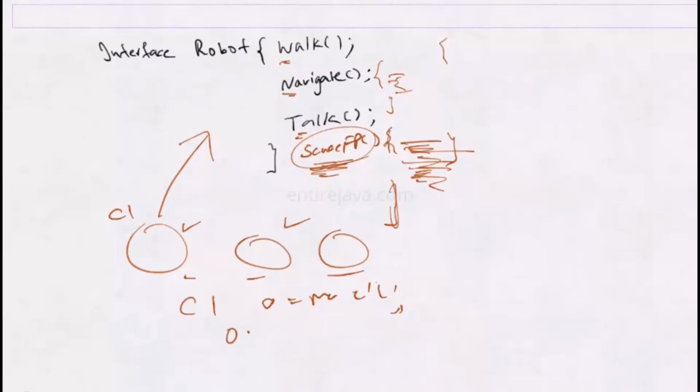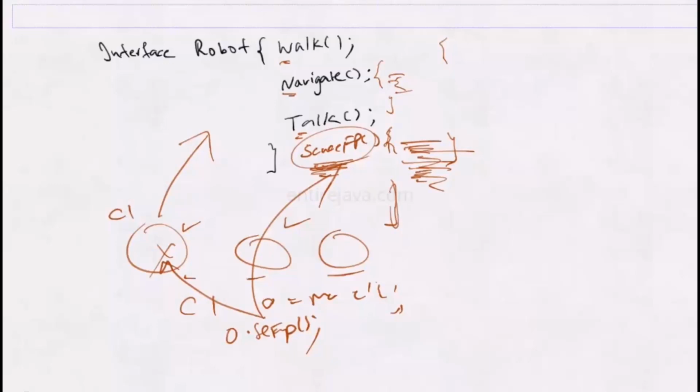So object dot sense fingerprint is going to call the method which is overridden. In case you don't provide any implementation, this is going to result in calling the default implementation. So that way there is backward compatibility. You can introduce new methods, and at the same time, you don't have to worry about people who already implemented your interface.